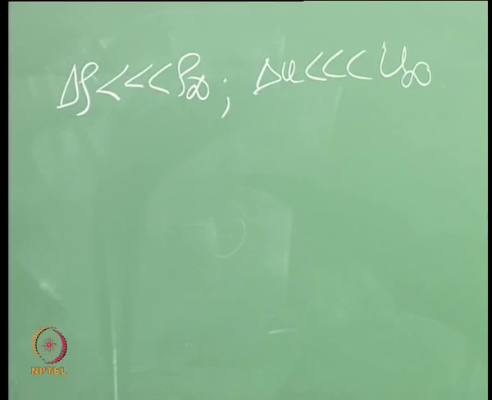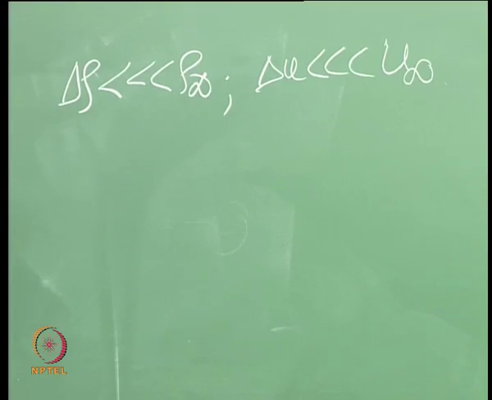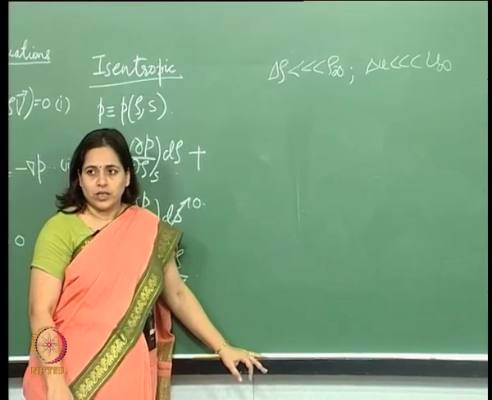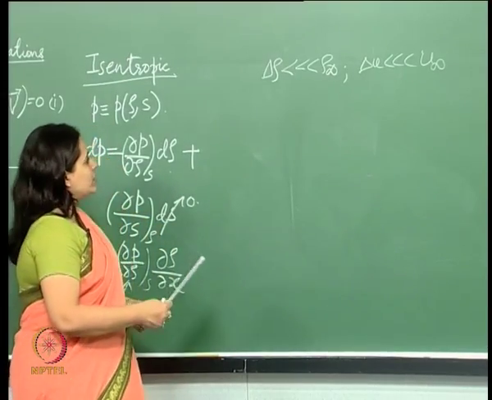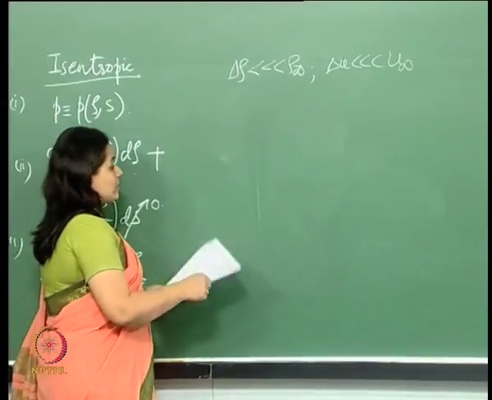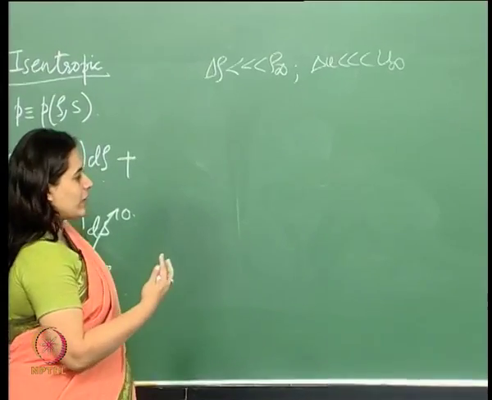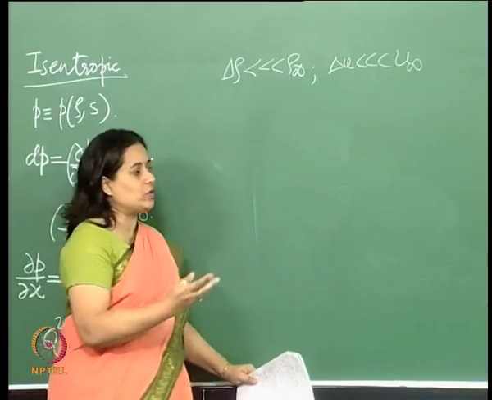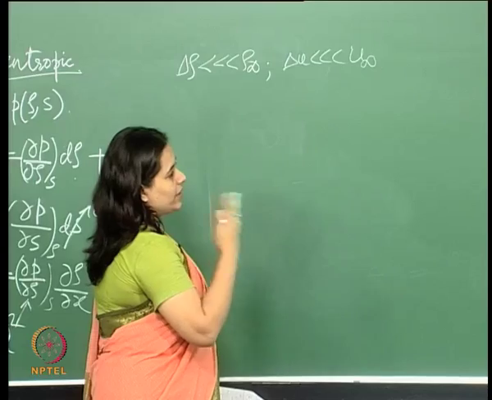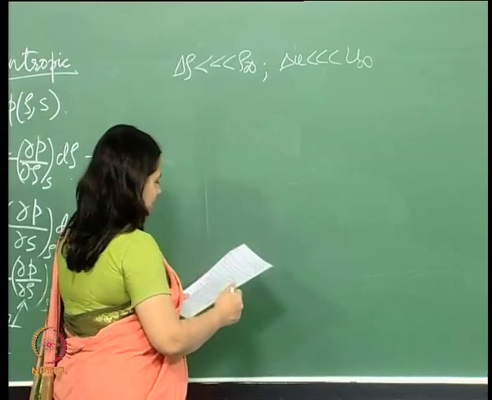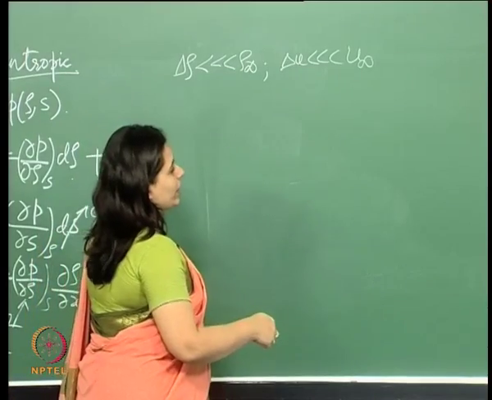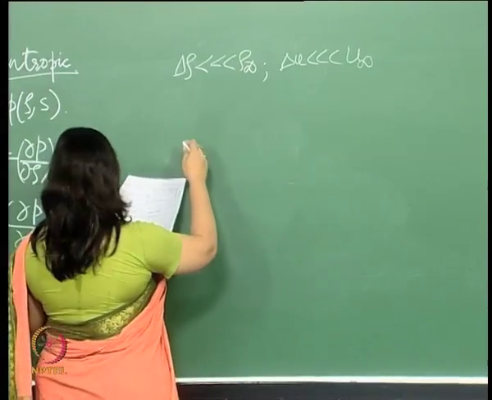So, the perturbations are very small compared to the ambient. Okay. So, it is a very weak disturbance, very weak wave. So, in that case, what does it signify mathematically? What happens to these mathematical equations that we just derived? Right. So, let us look at equation 3. Now, what we get from equation 3 is something like this.